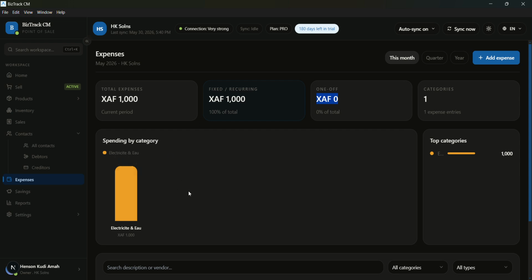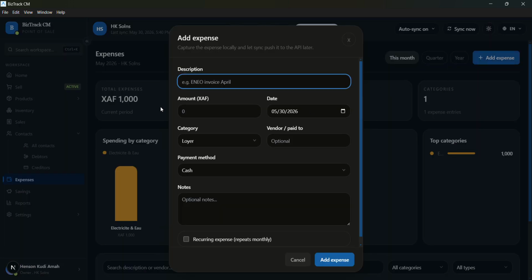So this chart shows us how much we are spending per category. If we add a new one, let's say we add a rent, we are paying rent of 25,000 francs every month, for example. Our landlord's name, we can give our landlord's name. Our landlord is not a contact.